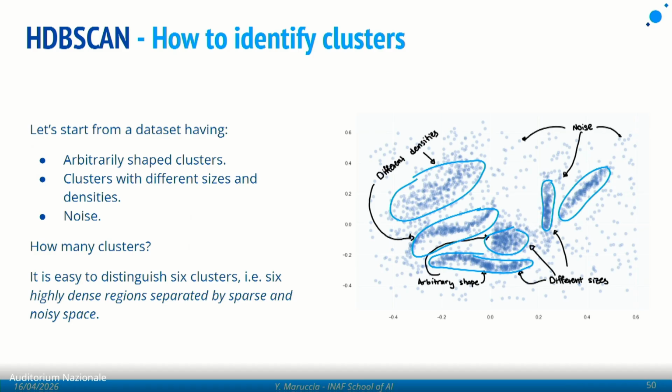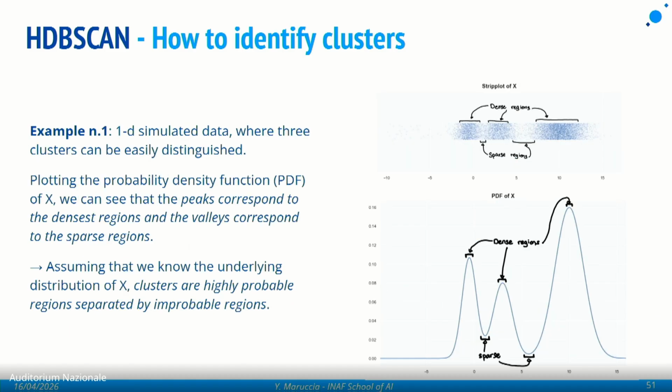We can define them by looking at the density of the data. They are concentrated in some spaces. So there are highly dense regions that are separated by sparse or noisy space. Okay, so this is the definition of the clusters.